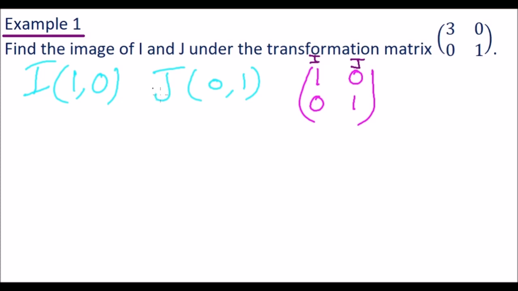Now, this is the matrix formed by the object, that is, I and J, which are part of our unit square. So to get the image of the unit square using this transformation matrix, we write our transformation matrix, which is (3, 0; 0, 1).